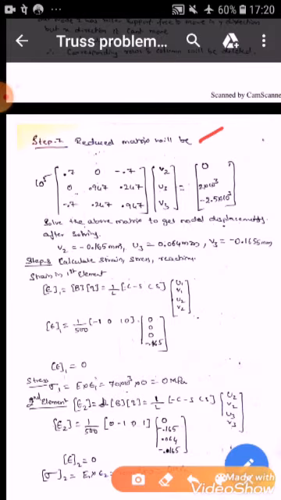After applying this boundary condition, take the reduced size matrix. 10⁵ is common outside, you have to write it, and the remaining components which are not cancelled, into the displacements v2 u3 v3, and the forces. Solve the above set of matrix, you get the solution.